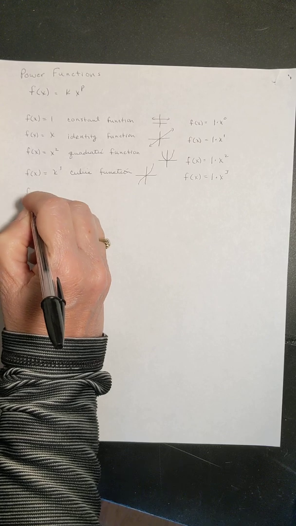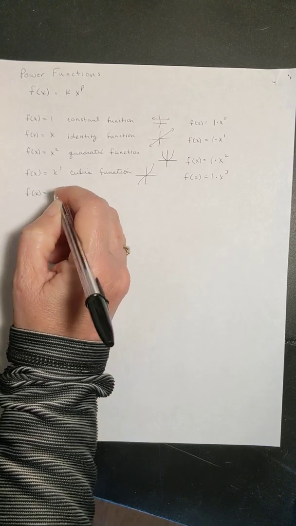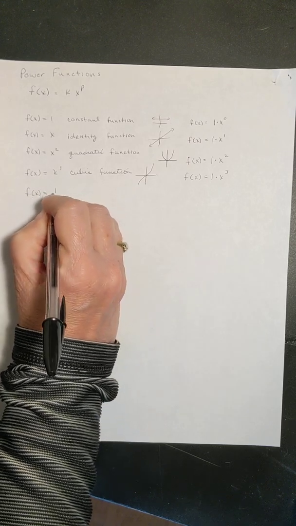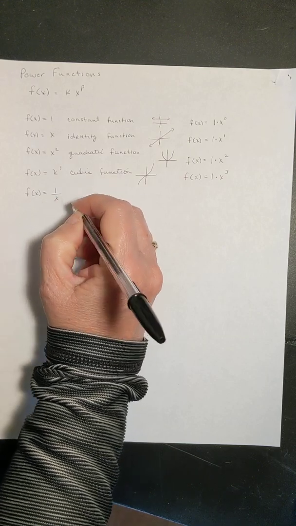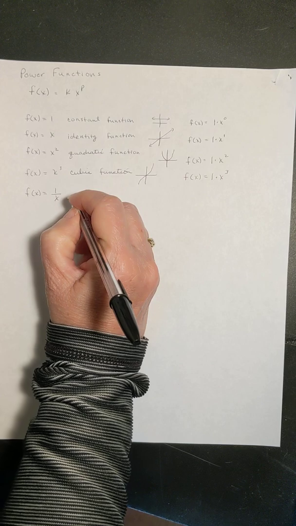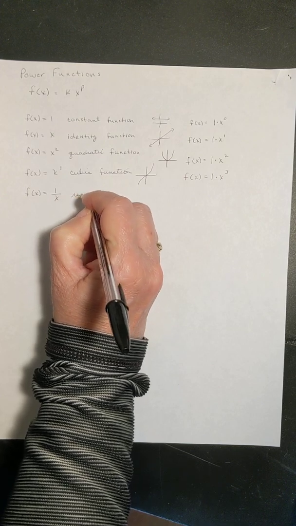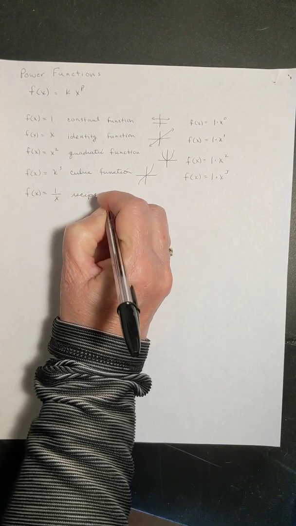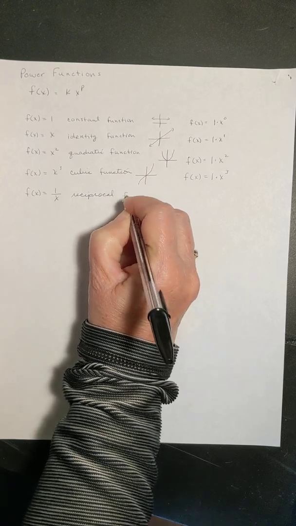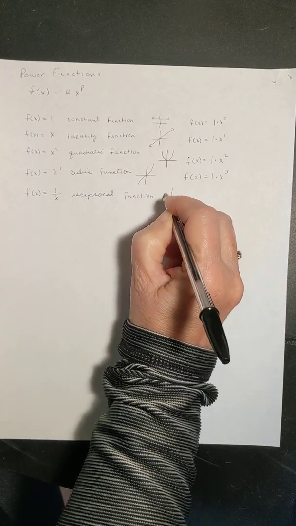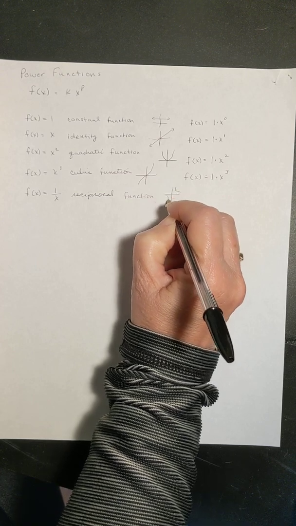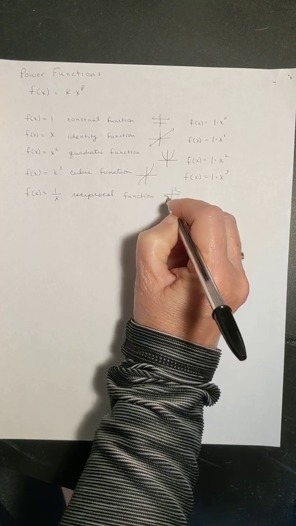And so it is also a power function. Then we have f of x is equal to 1 over x. And this is the reciprocal function. We haven't gone into a whole lot of detail with this one yet, but we have looked at it. And it is the boomerang, if you remember.